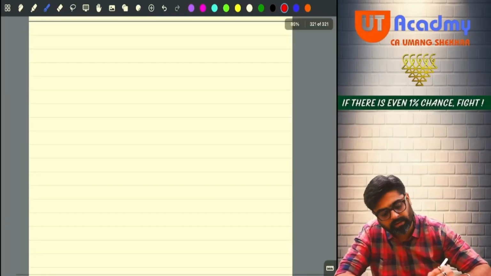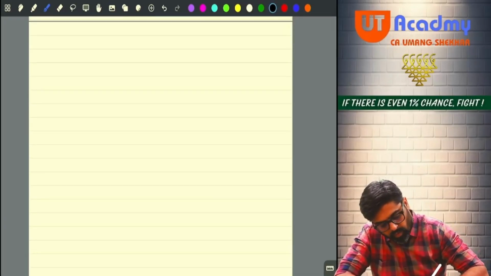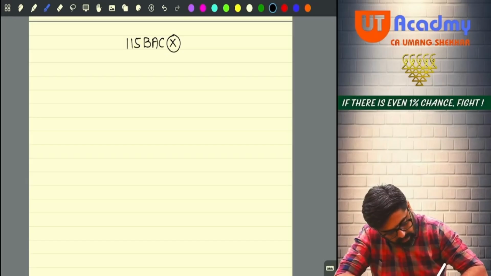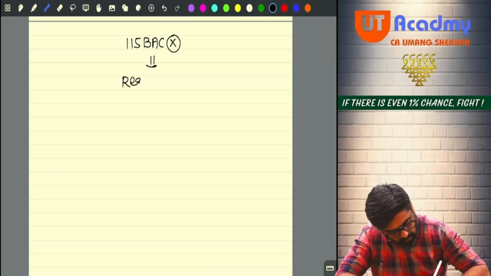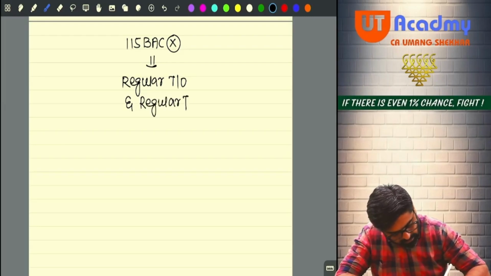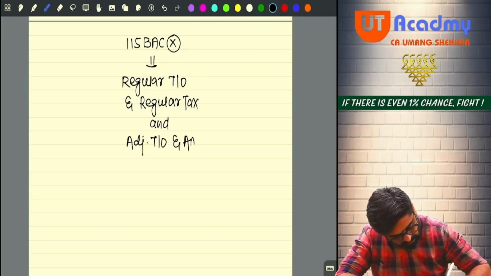So in this question, if you don't follow 115BSE, you will have to calculate regular total income and regular tax liability, and along with that you will have to calculate adjusted total income and AMT liability also.